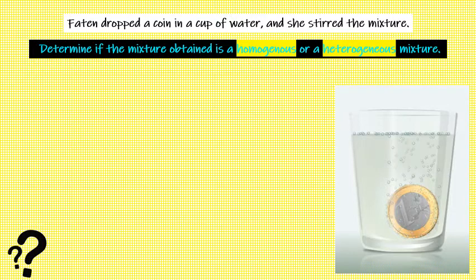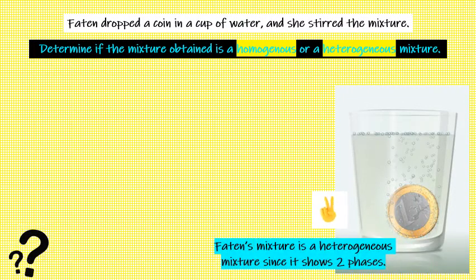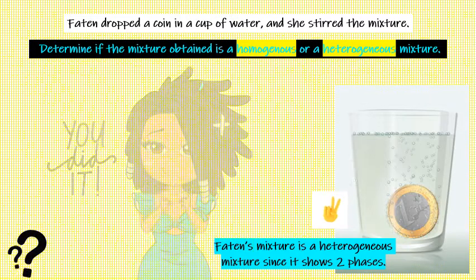How many phases does this mixture contain? 2. Perfect. We have the phase of the coin and the phase of water, two colors, the color of the coin and the color of the water. So 2 phases. This means that this is a heterogeneous mixture. Perfect. So this mixture is a heterogeneous mixture since it shows 2 phases.